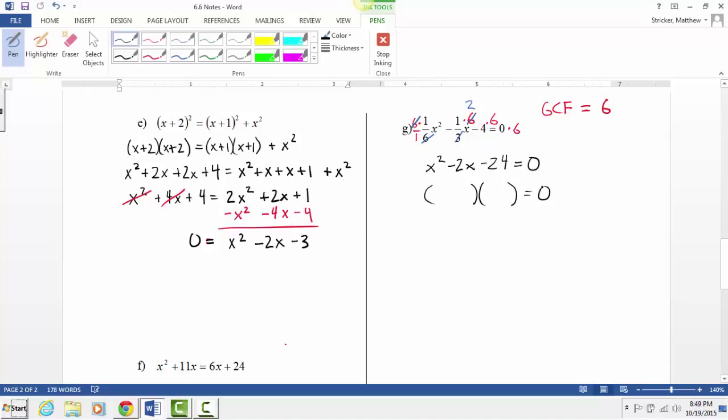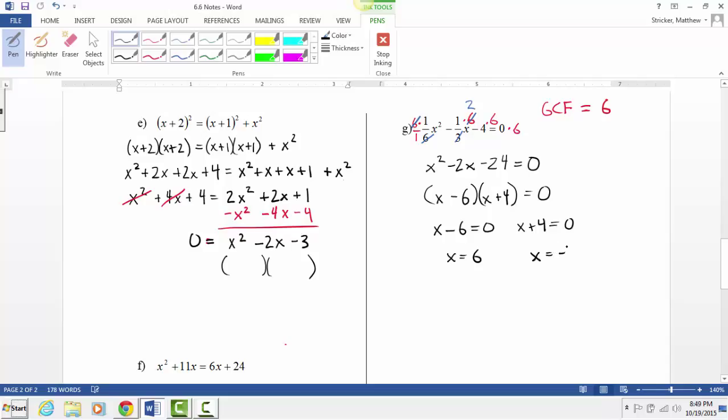Just like the last example, we're going to factor that x and x. What does this have to be? This has to be a minus 6 and a positive 4. X minus 6 has to equal 0. X plus 4 has to equal 0. This gives me x equals 6.